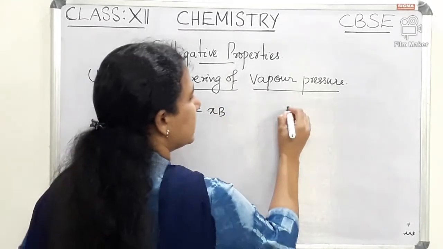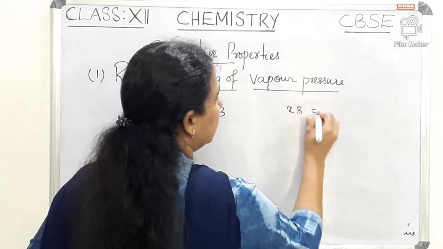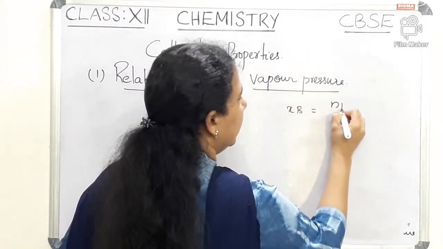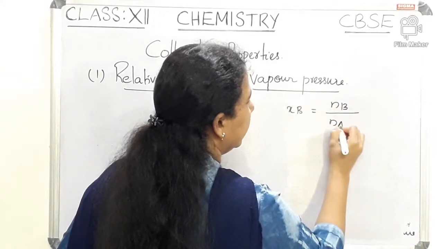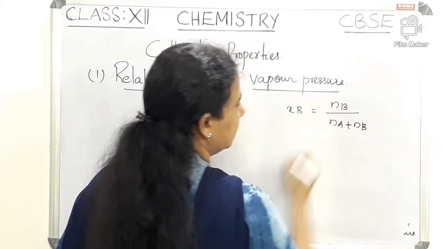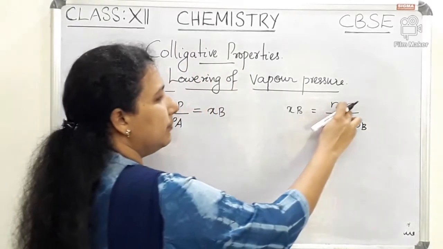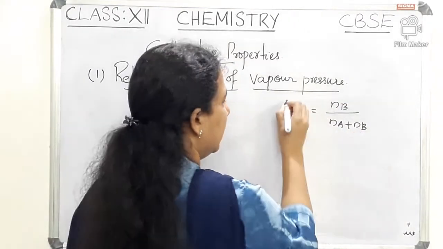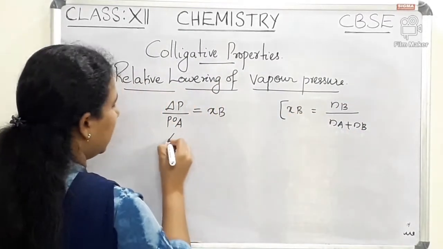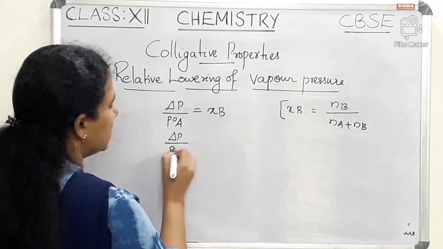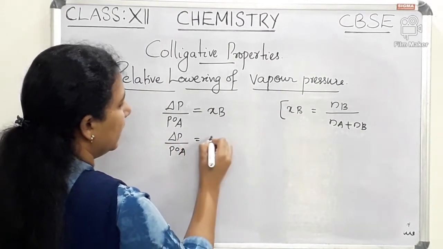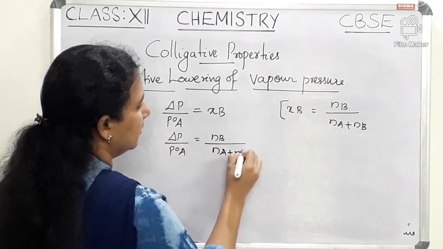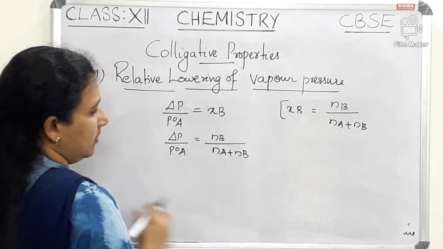So XB, the mole fraction of component B, is equal to NB divided by NA plus NB. That means number of moles of B divided by number of moles of A plus number of moles of B. Therefore, delta P by P0A is equal to NB divided by NA plus NB.